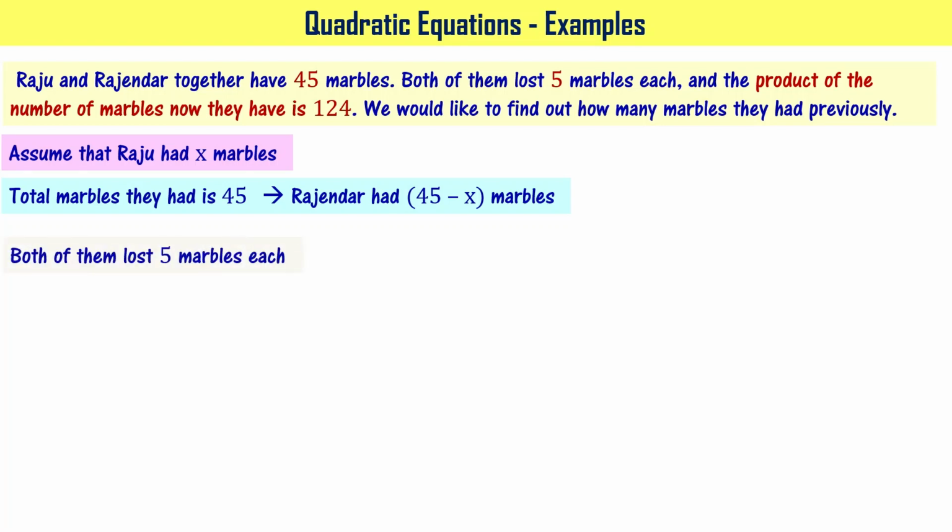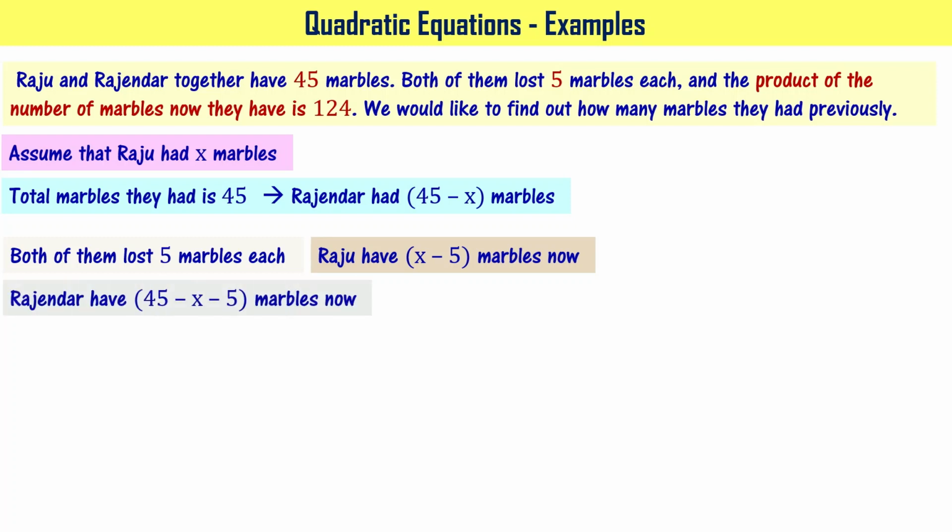And the statement given says that both of them lost 5 marbles each. It means Raju will now have x - 5 marbles, whereas Rajendra will have 45 - x, that is his original marble count, minus 5 marbles. So he'll have 45 - x - 5 marbles. That can be written as 40 - x marbles, right?